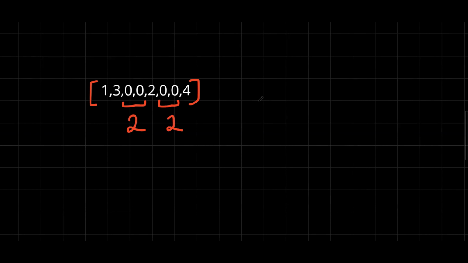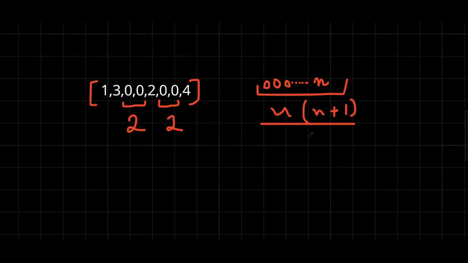Now this is pure mathematics. Suppose we have an array with n zeros, that means 0, 0, 0, dot, dot, dot, n. Then the total number of subarrays will be n times n plus 1 divided by 2. This is the basic formula.